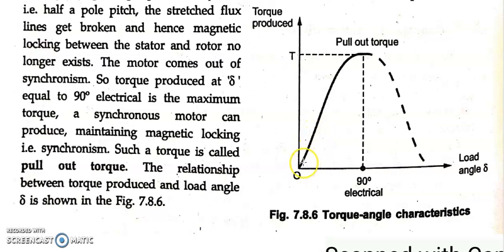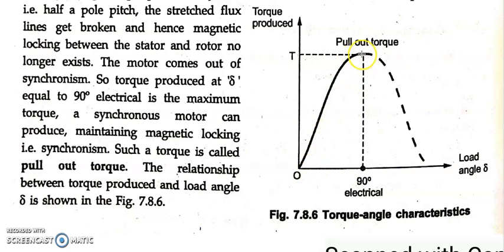So when the load is increased slowly, the current drawn by the synchronous motor will also increase. Due to that, in order to supply that much new load, the torque of the synchronous motor will also increase as my load increases. You can increase till here.